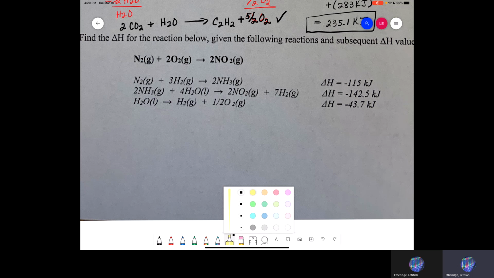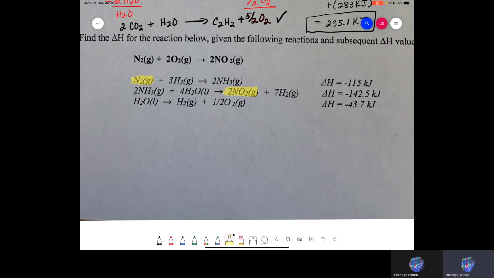We have on the top, looks like it is going to be N2. Right? It is only in the first equation, but not in the second or third. And then, nope, it's not NH3. Nope, it's not water. Looks like NO2 is all by itself in the second equation.